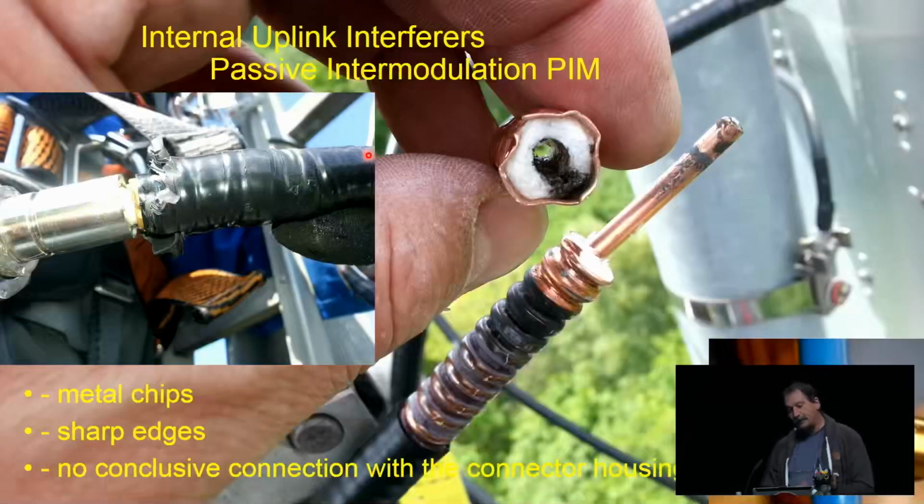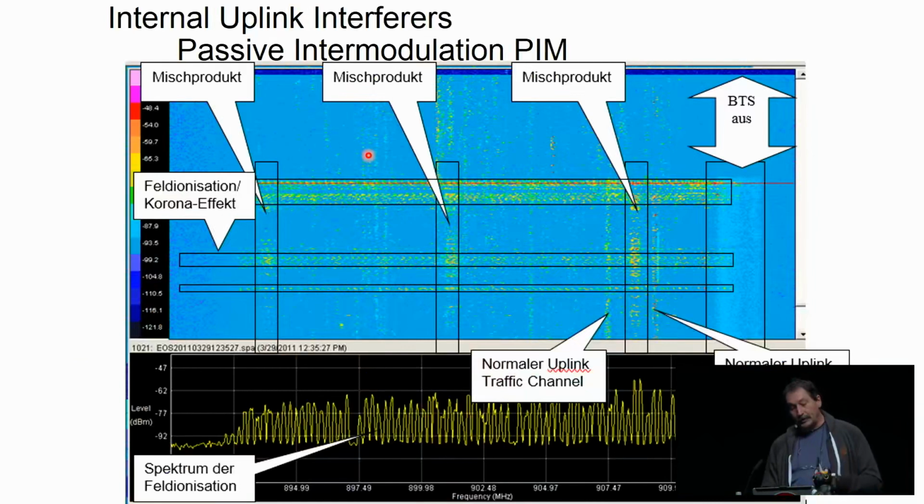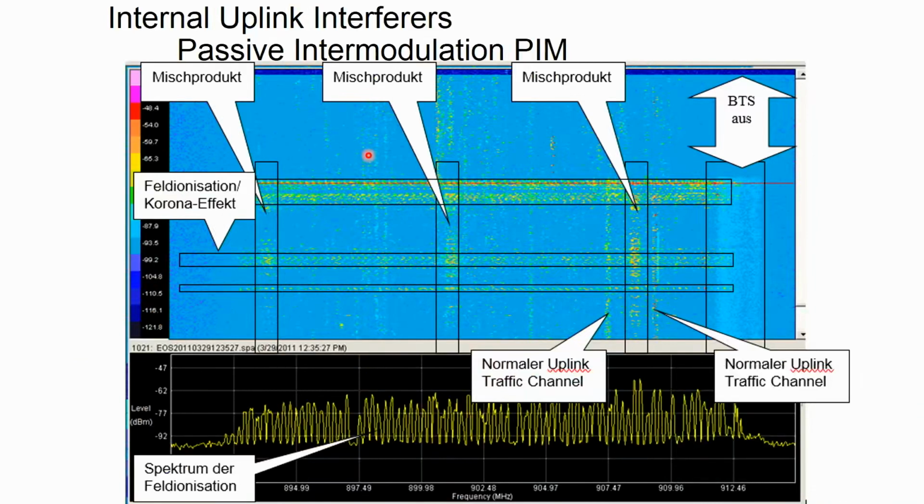It's quite a lot of difference, and there can be corona effects or interferences inside the cables. For example, if the cable is broken, it may happen that in the uplink there are interferences from your own downlink.